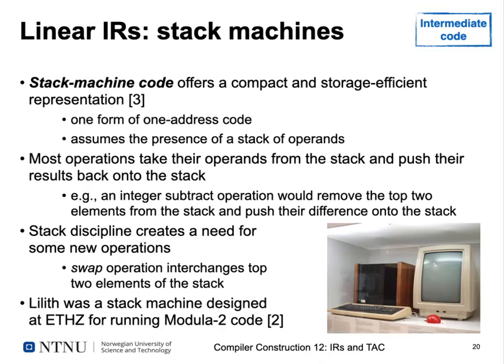So let's first take a quick look at stack machines. We've seen stack machine code offers a compact and storage efficient representation because we only need one address per instruction and the rest is implicitly operated upon on the stack. And this is one form of our one-address code, and this requires some sort of mostly hardware support later on.